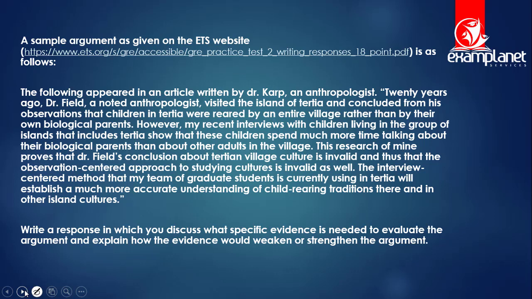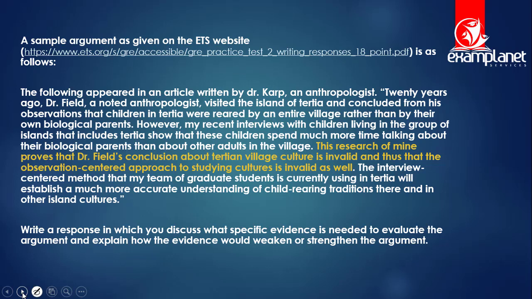Of course, you're looking at this argument, and it tells us about research work done 20 years ago by a doctor, and another is doing it now, and is trying to refute or counter the credibility or the accuracy of that research work. So you need to go through it, and then what do you pay attention to?